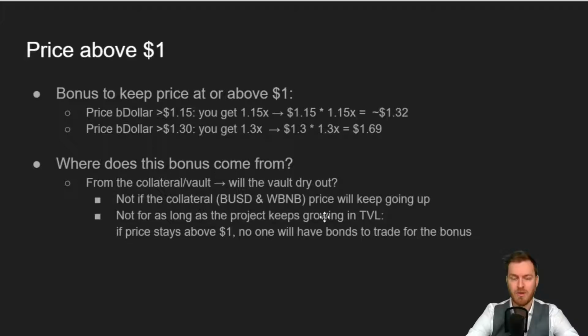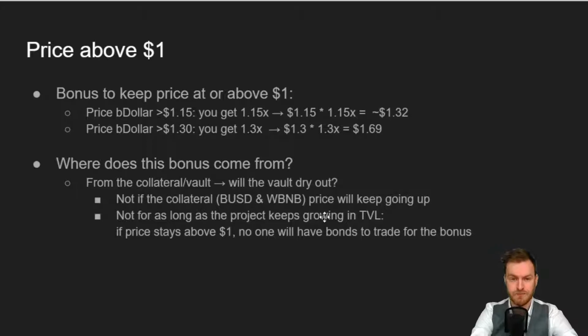So above $1.15 you get 1.15x bonus, meaning you get $1.32 back. Imagine you invested only 80 cents per dollar and you get $1.32 back. Imagine you invested only 80 cents per dollar and you get $1.69 back. That would be over 100% profit.